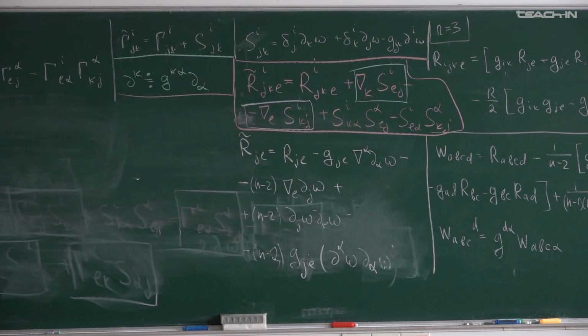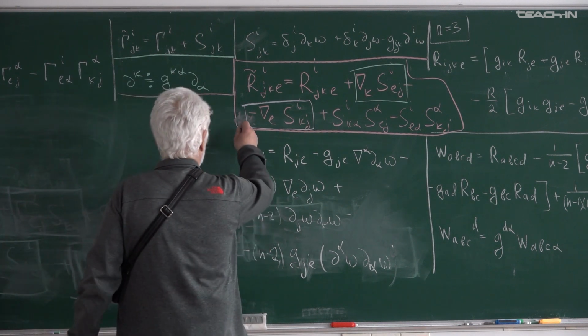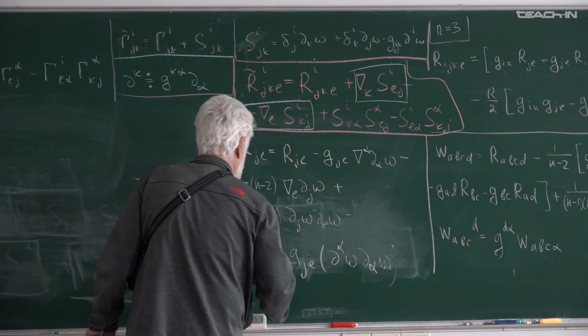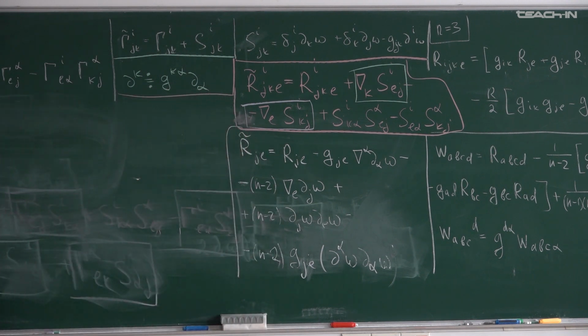The alpha omega. So, now let us prove the following formula. We calculate the variation of the Riemann tensor. Now let's calculate the variation of the Ricci tensor.